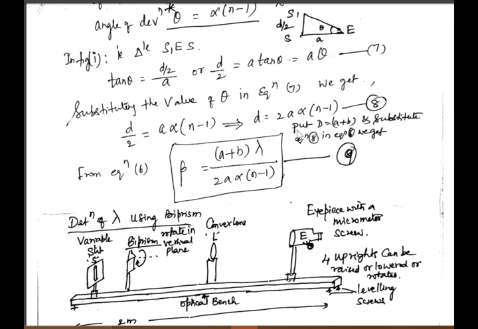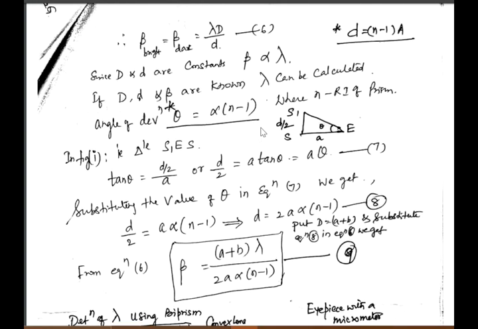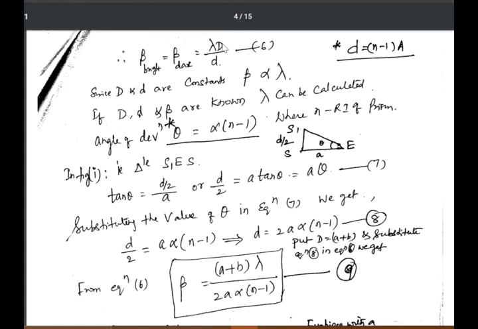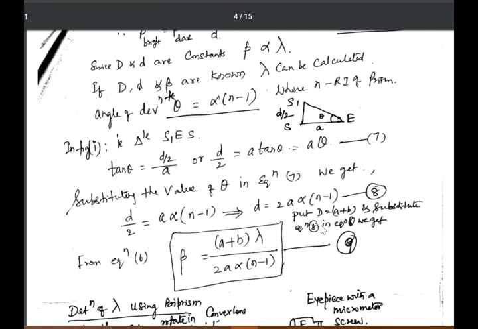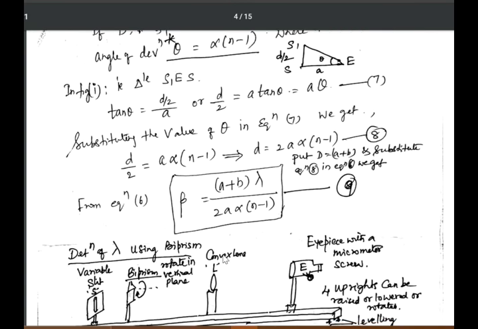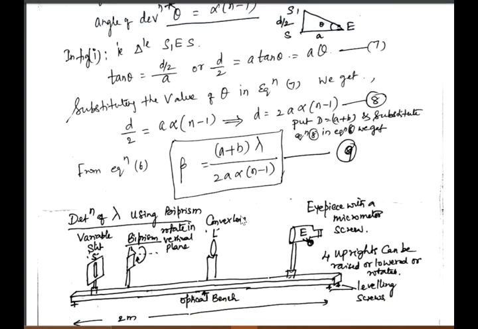Now put capital D is equal to a plus b and substitute in equation 8. From this equation, put capital D is equal to a plus b and then substitute for small d from equation 8. We get beta is equal to (a plus b) into lambda divided by 2a alpha into (n minus 1).